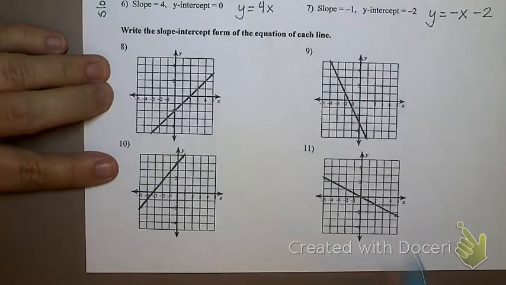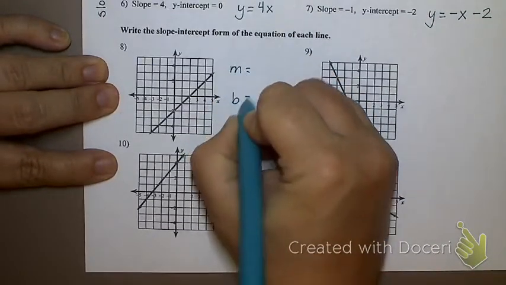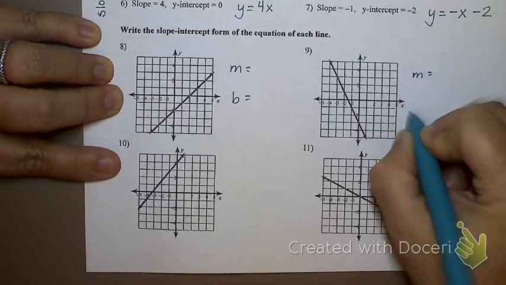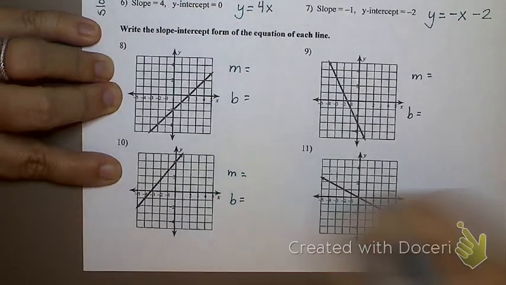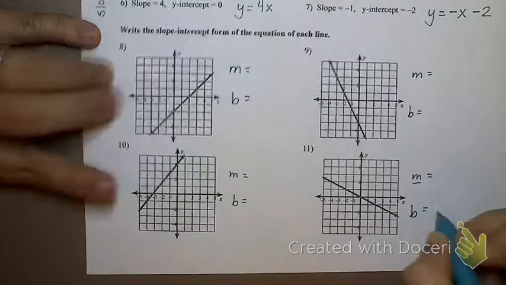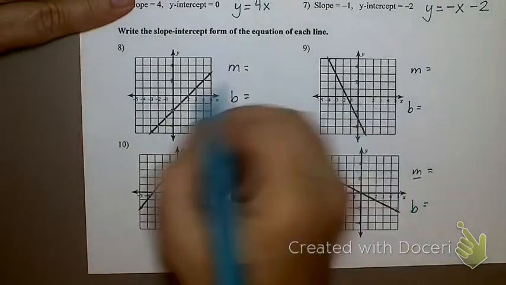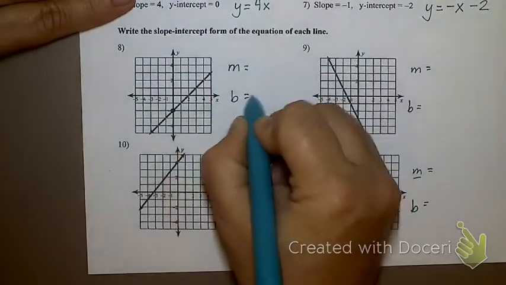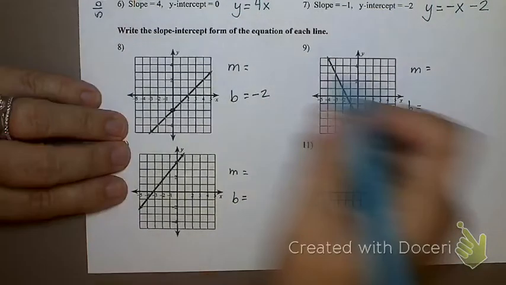All right, let's practice a couple more from pictures. So number 8, well, for all of these, again, I need M and B. So I'm going to get those all set up. M and B. So in number 8, what is my B value? Negative 2. What's another point I can use to figure out my slope?